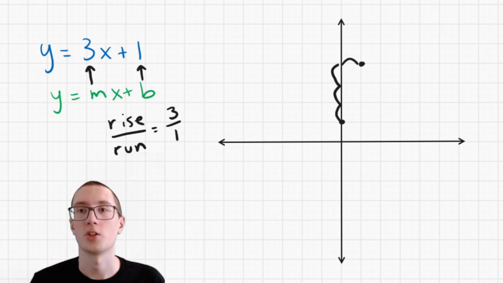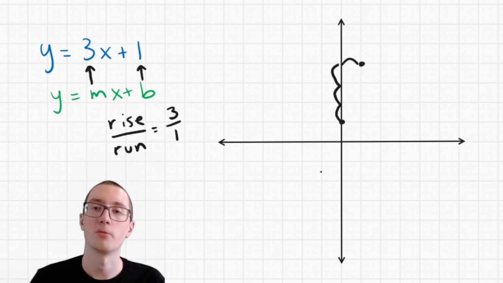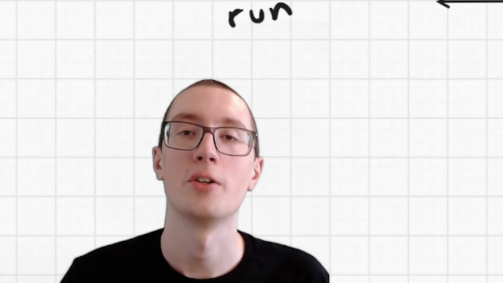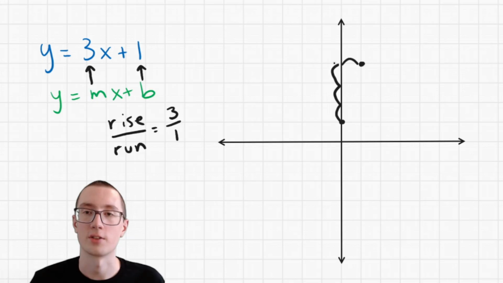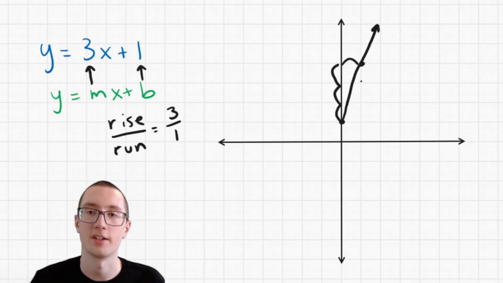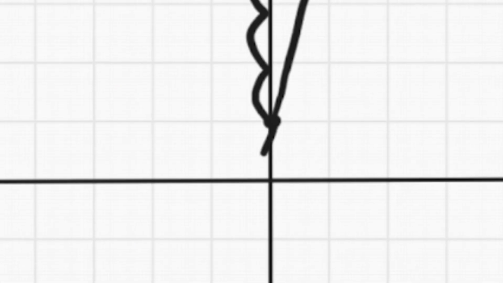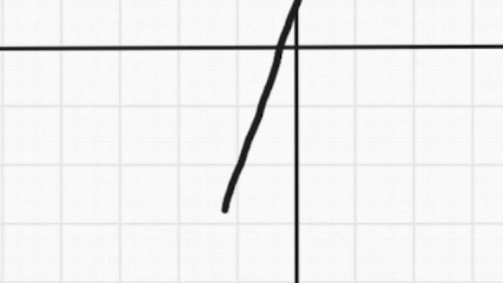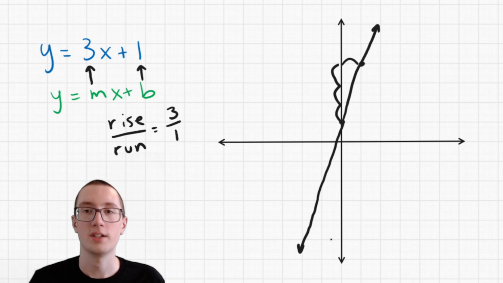If you were doing this on paper, normally you would have a ruler of some sort, but I don't. So I'm going to do a terrible attempt to draw a straight line. Oh, this is going to go so bad. Here we go. We're drawing the line. Okay, now we got to do it the other way. Okay.